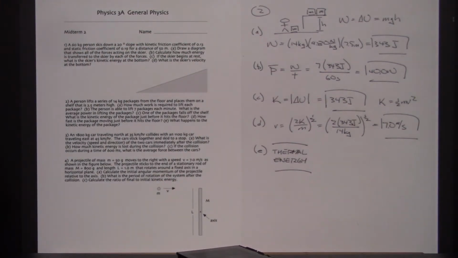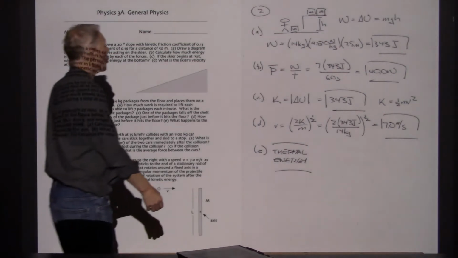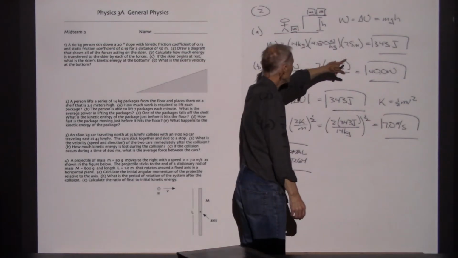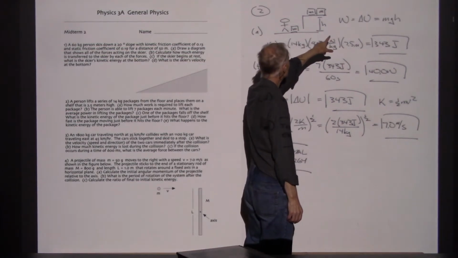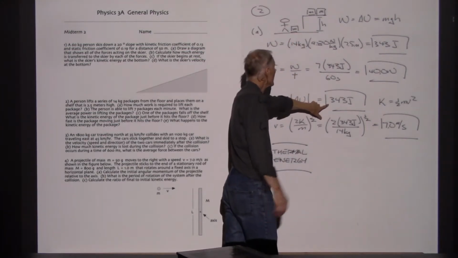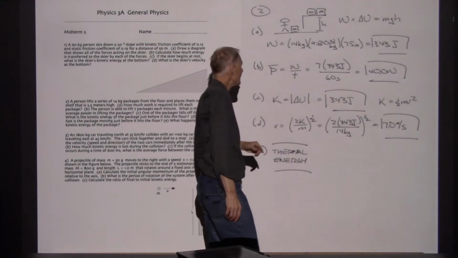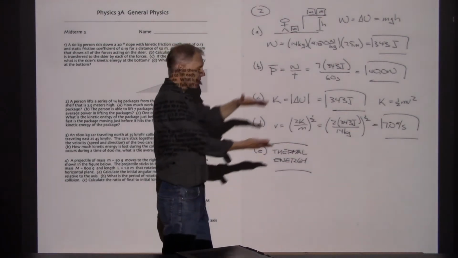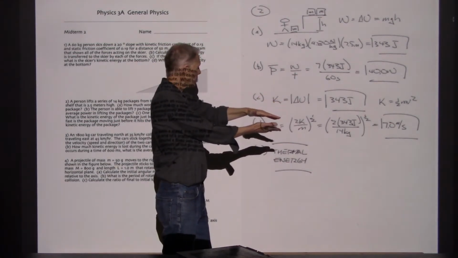So we should always be able to do some type of bookkeeping related to the energy and be able to account for all of the energy. So let's see, we did 343 joules of work, which turned into 343 joules of potential energy, which then, when the package dropped, became 343 joules of kinetic energy right before it hit the floor.